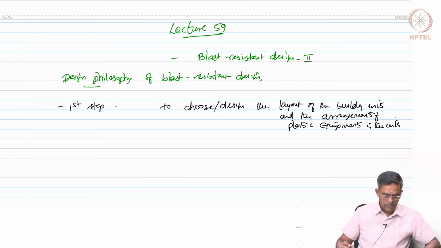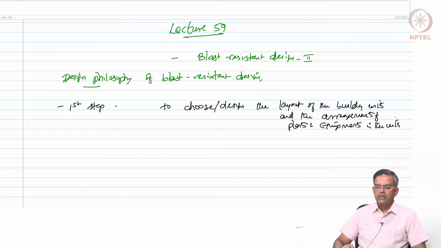That is the first step. So, there is a specific objective which you have to keep in mind when you choose the layout of the building which you want to design for blast resistance.